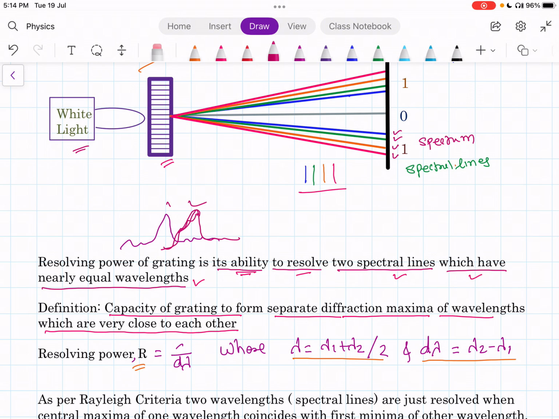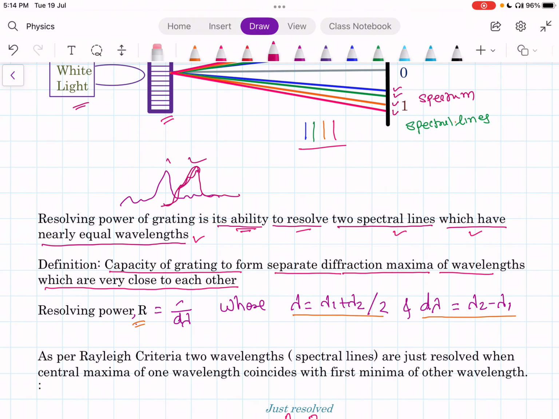Resolving power of grating is the capacity of grating to form separate diffraction maxima of wavelengths which are very close to each other. Then resolving power R is given by lambda upon d lambda, where lambda is the average wavelength of those two nearly equal wavelengths and d lambda is the difference between these two nearly equal wavelengths.